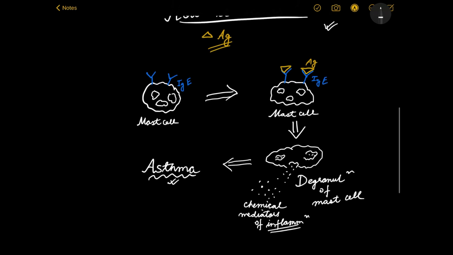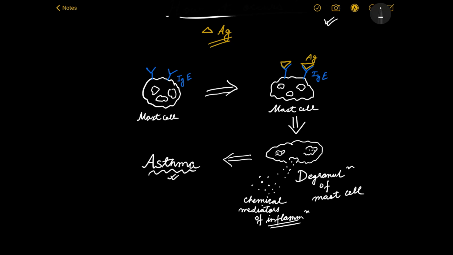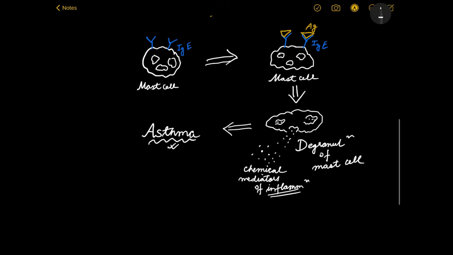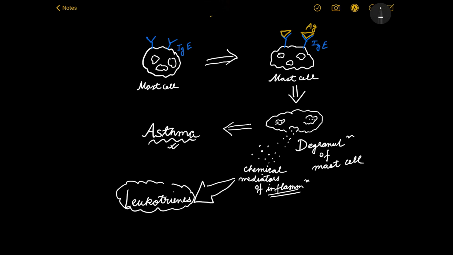Now, if I am to be a little more specific on the chemical mediators of inflammation, the most important chemical mediator in asthma is none other than leukotrienes. We will come to know later that leukotrienes are very potent bronchoconstrictors.